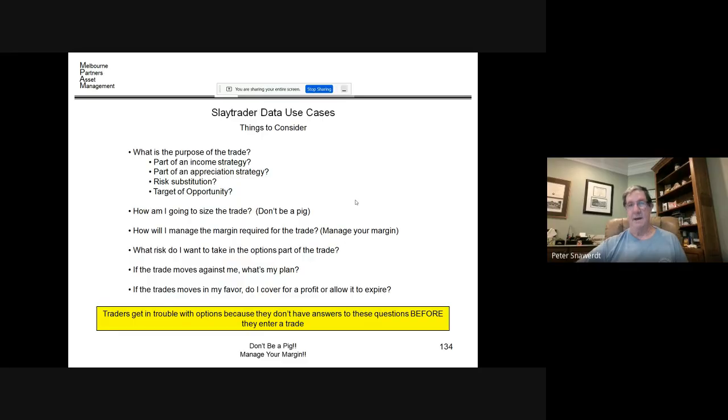I spend a lot of time not thinking about how much money I'm going to make, because if all of my options expire good and I get to keep all of my money, I know how much I'm going to make. That's not the important factor. It's how much you keep.